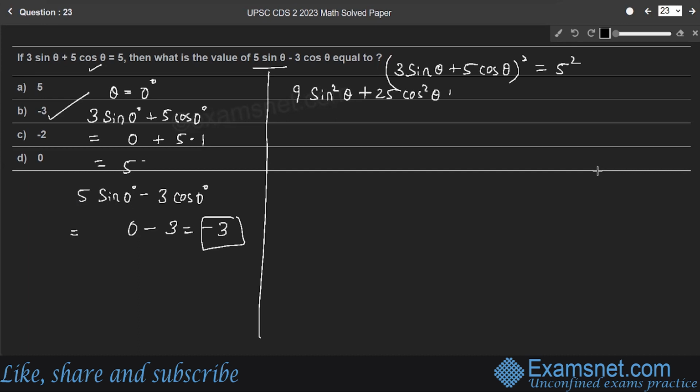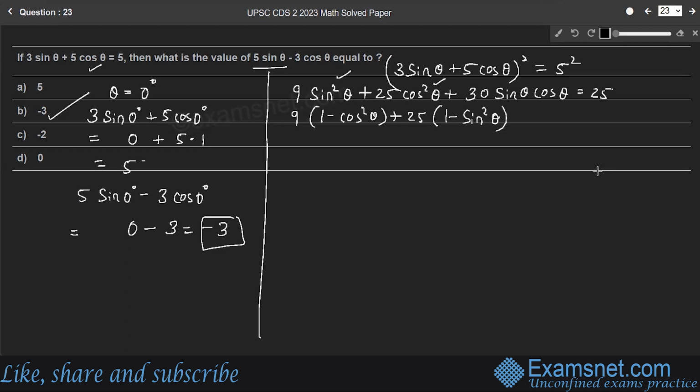A square plus b square plus 2ab, that is 30 sin theta cos theta, is equal to 25. So I'll take sin square theta as 1 minus cos square theta, because sin square theta plus cos square theta is 1, right?